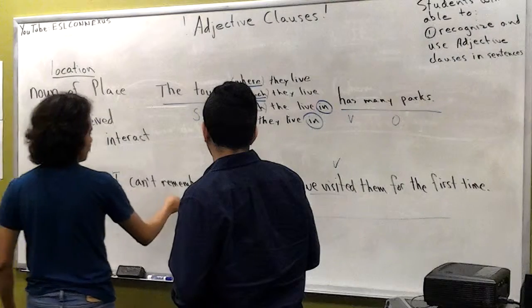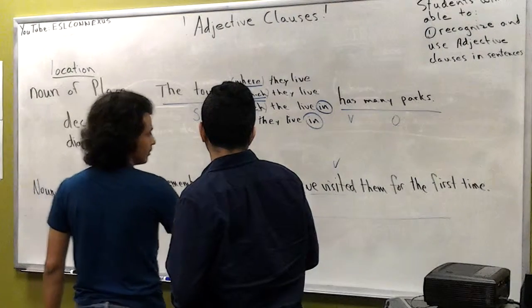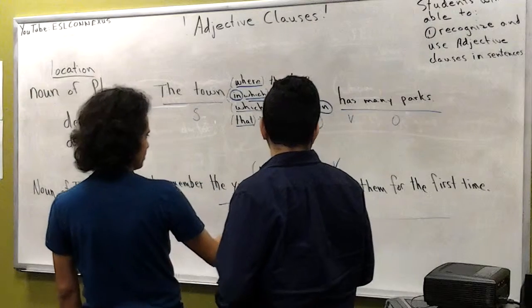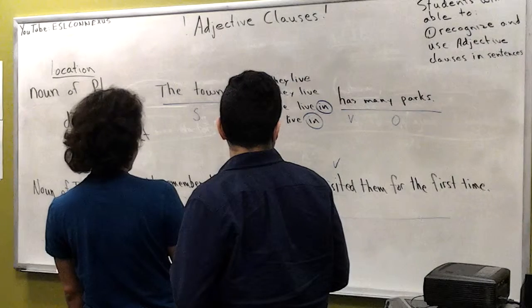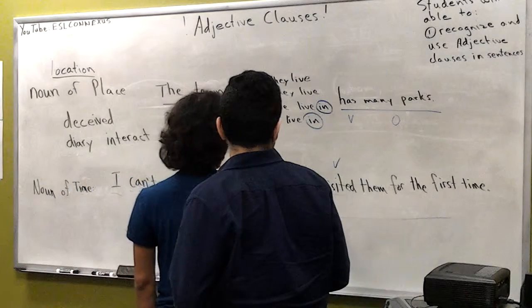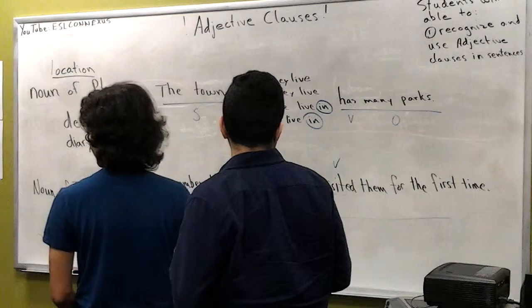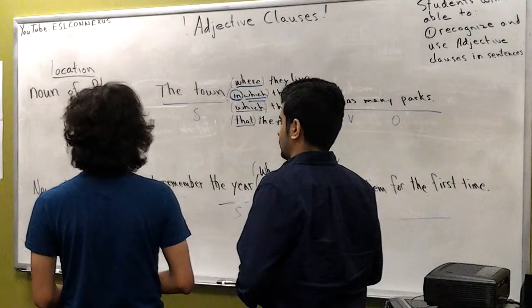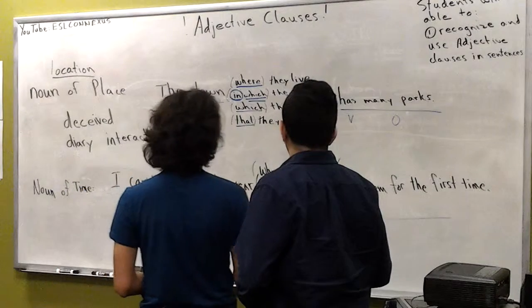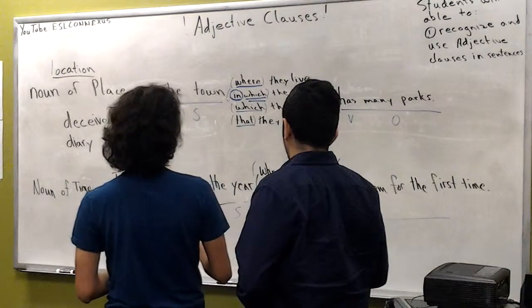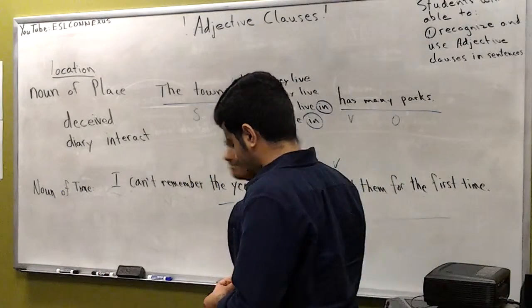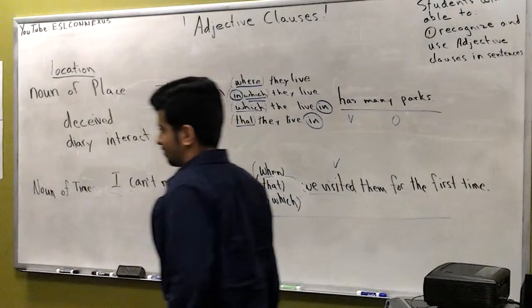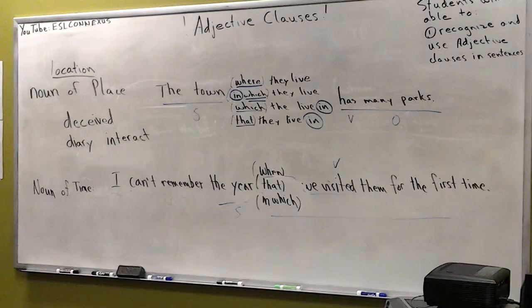Noun, subject, and verb. Noun, the object. We visit them for the first time. Has two subjects and two verbs. You got two clauses though, right? You have an adjective clause and a main clause. Yeah. So can you underline just the main clause? Who can help him? Mana, can you come up and help us out? Underline the independent clause.